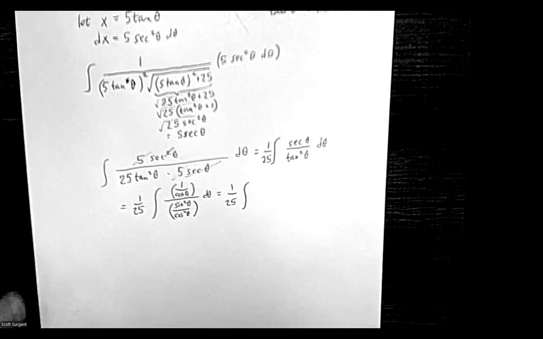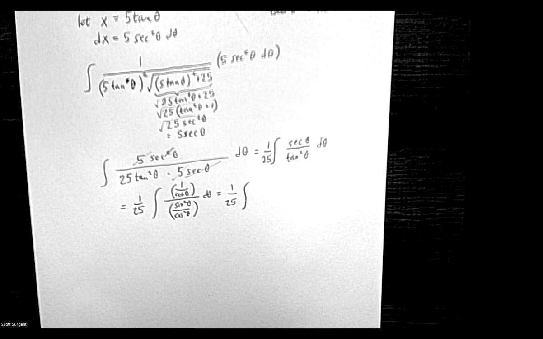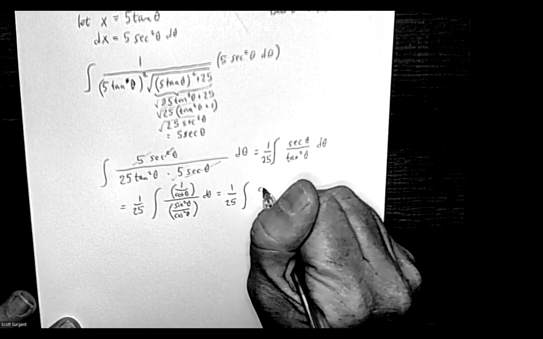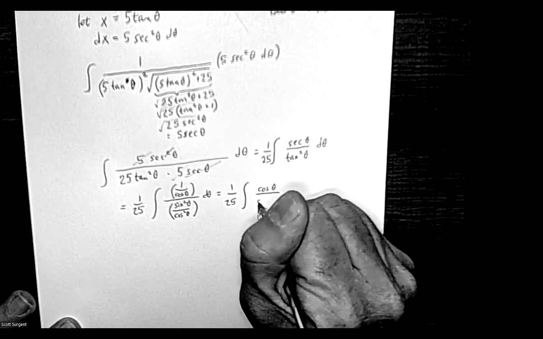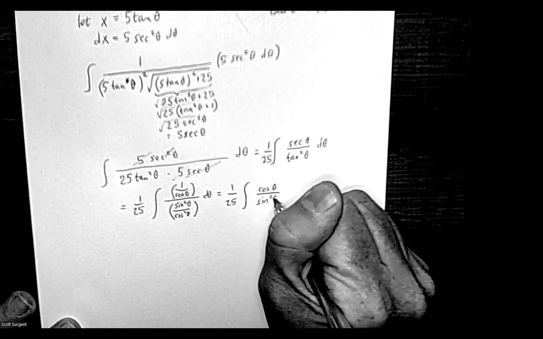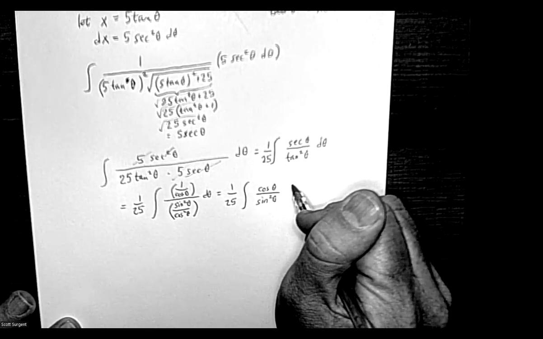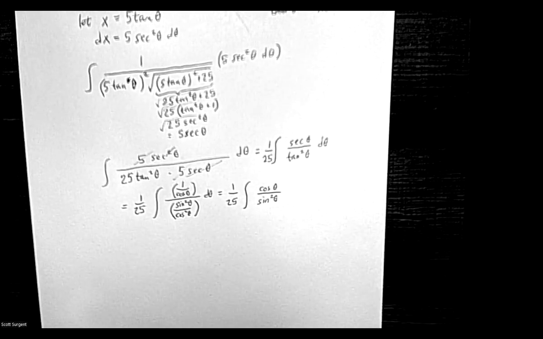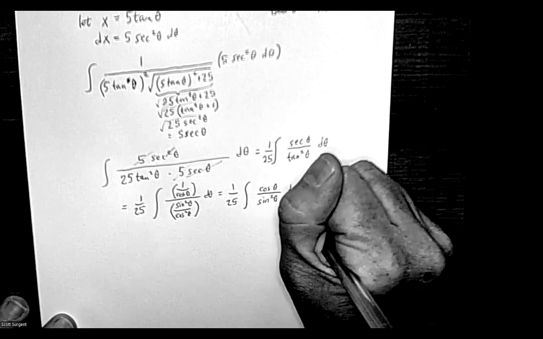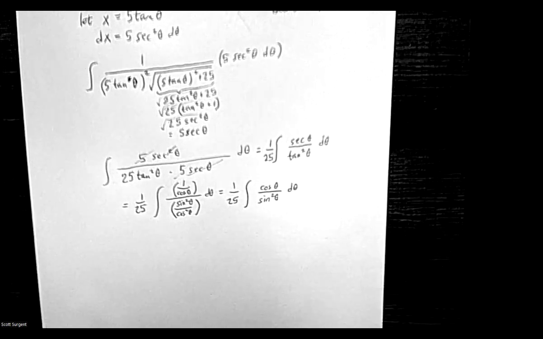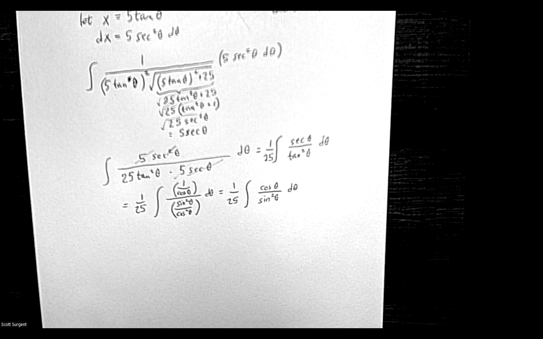I'm going to flip over the bottom. It's going to be a cosine on top and a sine squared on the bottom. Let's see if that helps us.